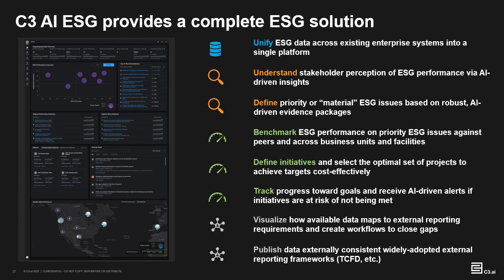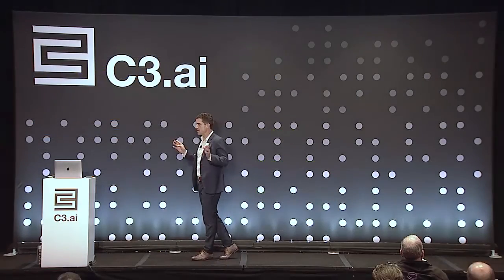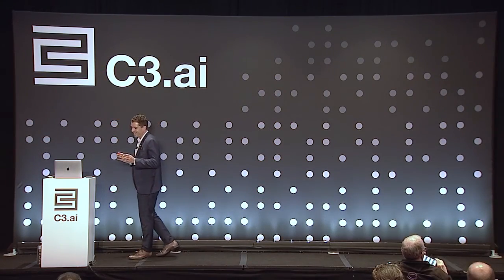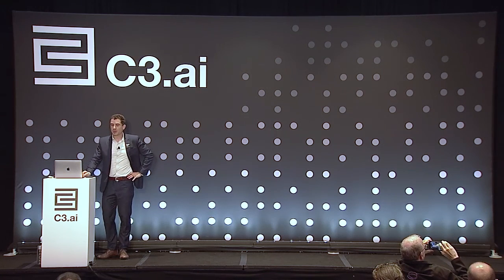Help you then establish clear metrics and targets to drive performance in the direction that you need to go. And then very easily compose all that data into reports that are consistent with the standards and frameworks that your stakeholders are calling for.